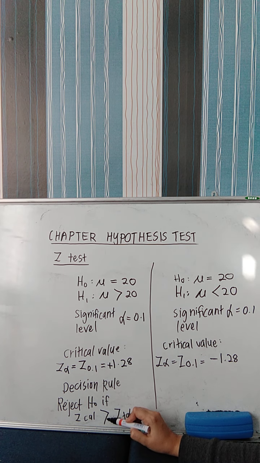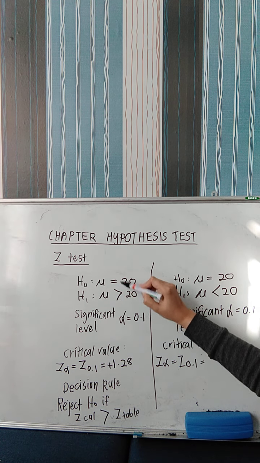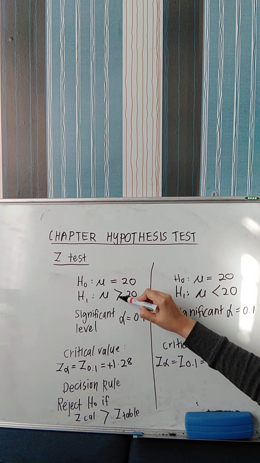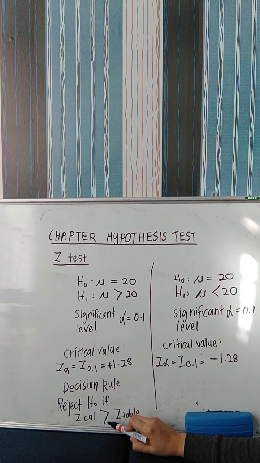Why more than? Because H1 is more than. So the decision rule also uses more than.